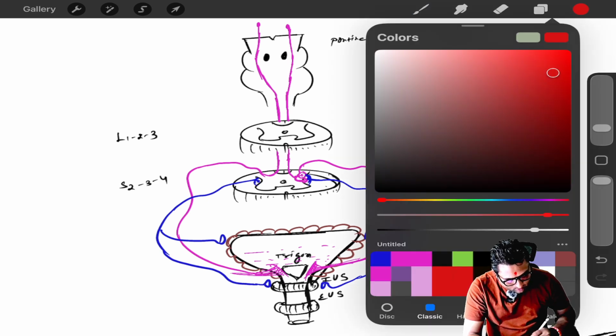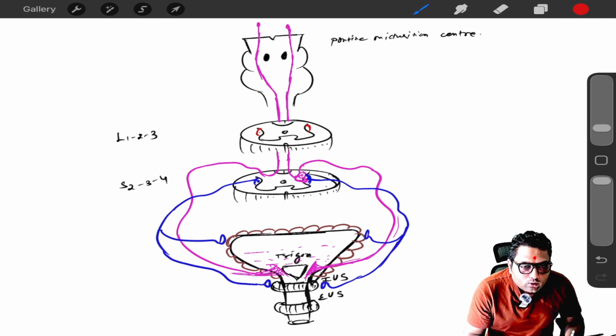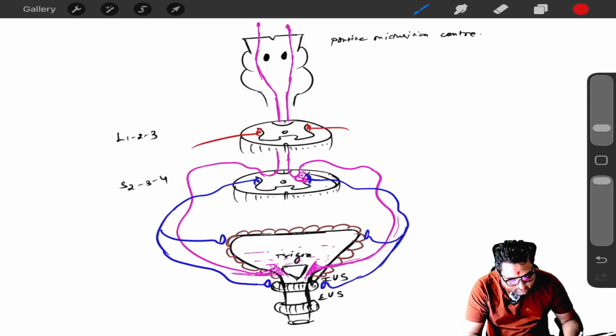Now, the intermediolateral horn of the lumbar segment of the spinal cord: the fibers coming out from this intermediolateral horn are sympathetic fibers. These blue fibers are parasympathetic fibers, whereas these red fibers coming out from the lumbar segment are sympathetic fibers.